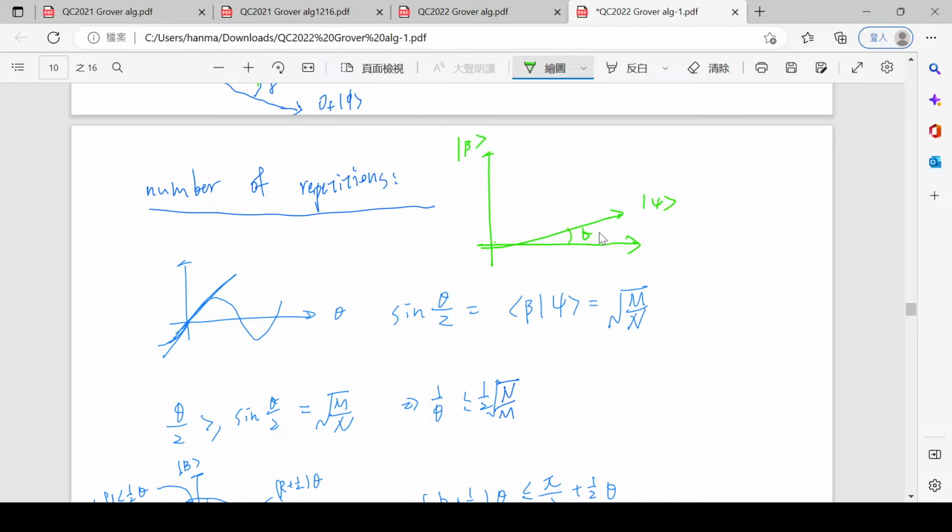So this is theta, sorry, this is theta over 2. Then we know sine theta over 2 is a component between phi and beta. Right? It's like an overlap, sorry, the inner product between phi and beta. And here, because everything is real, we don't need to care about the ordering. And anyway, that's sine theta over 2. It's basic geometry.